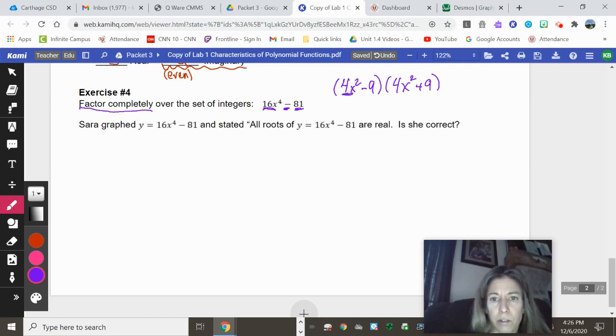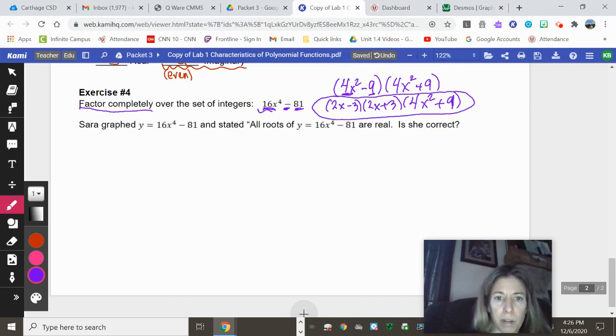And then this is also a difference of 2 perfect squares. So this is going to be 2x minus 3 and 2x plus 3. And then I'm going to get the 4x squared plus 9, which cannot factor because it's not the difference of 2 perfect squares, it's the sum of 2 perfect squares. So this is my factored completely form of my binomial.